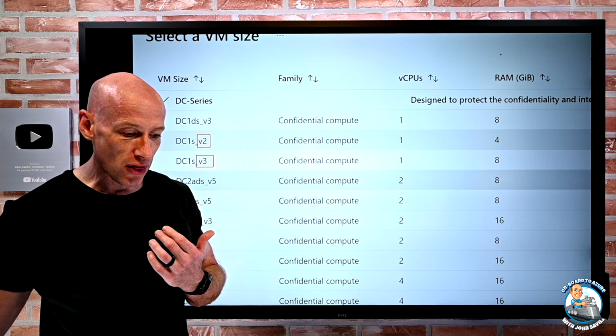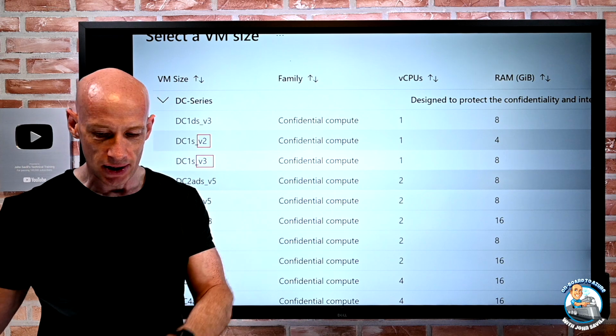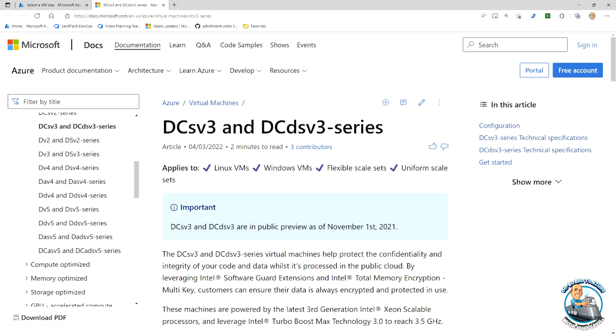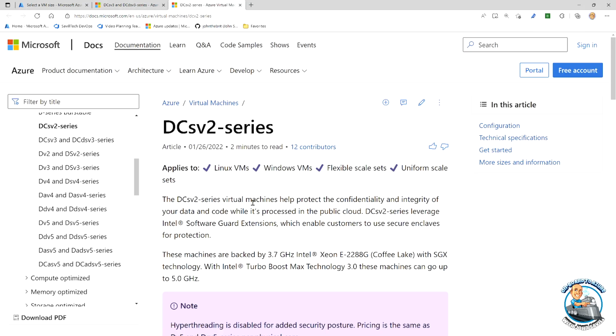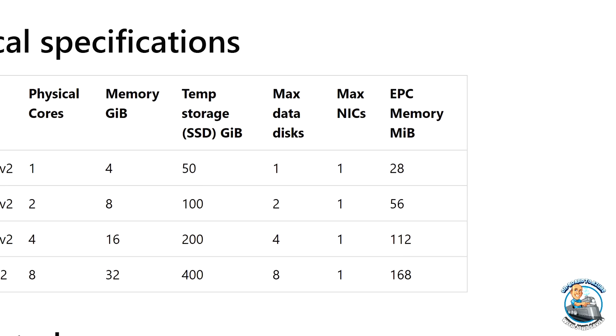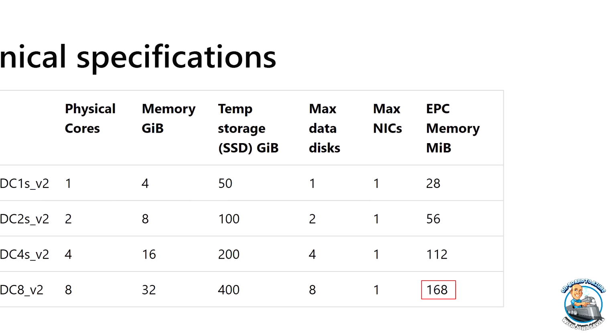So if we look at those SKUs in detail, actually, let me show the old versions first. So this is the V2. And if we look at the different SKUs, it shows us the amount of encrypted memory. It goes up to 168 megabytes for those.